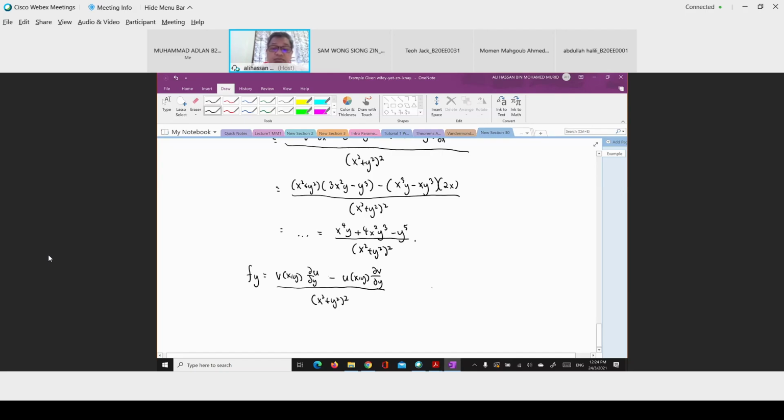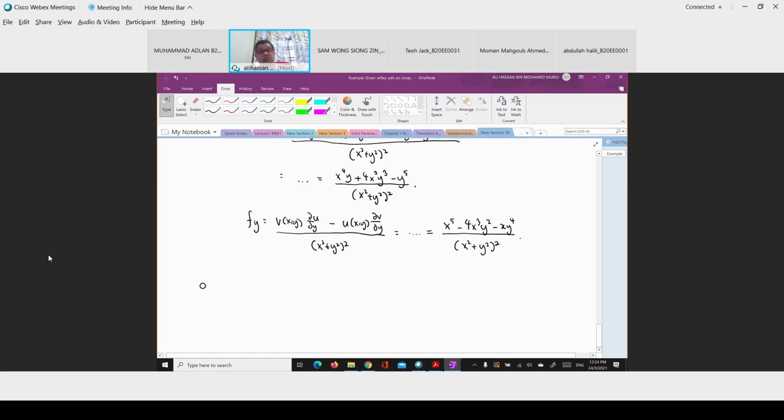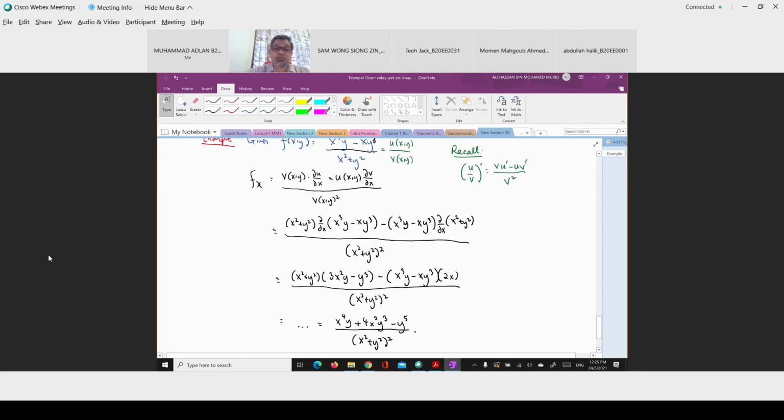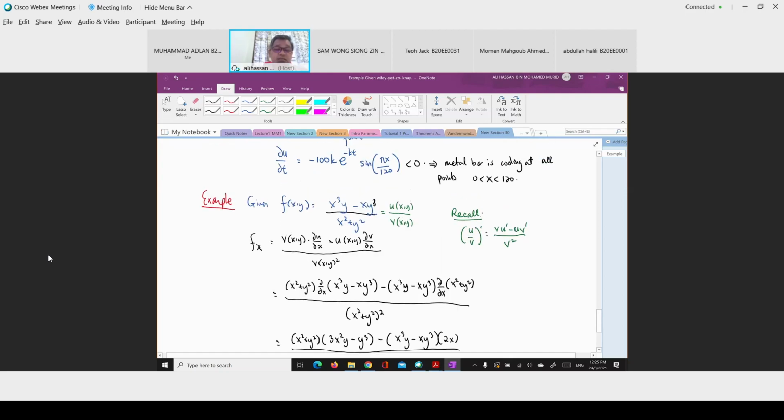So I leave it to you to show that the result is x to the power of 5 minus 4x cubed y squared minus x y to the power of 4 divided by x squared plus y squared squared. So here we have used the quotient rule as a guideline to find the partial derivatives of a quotient.